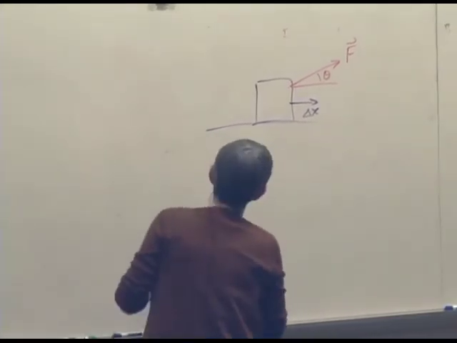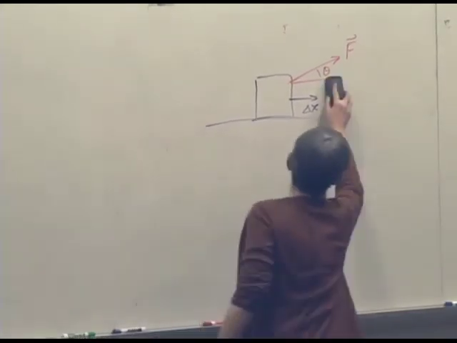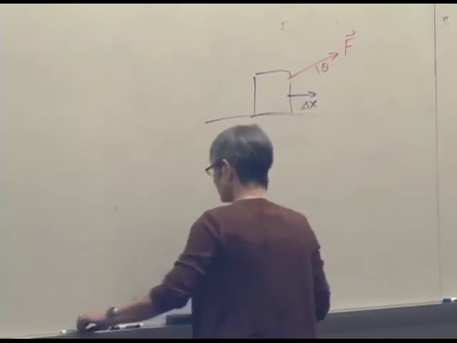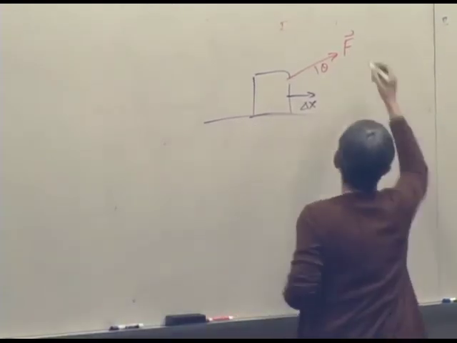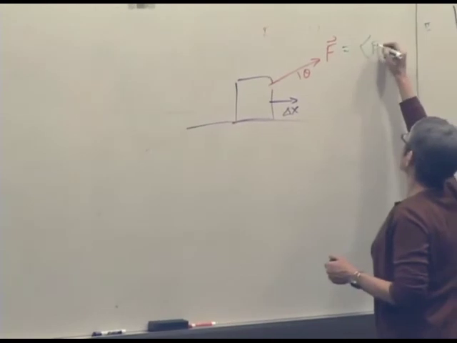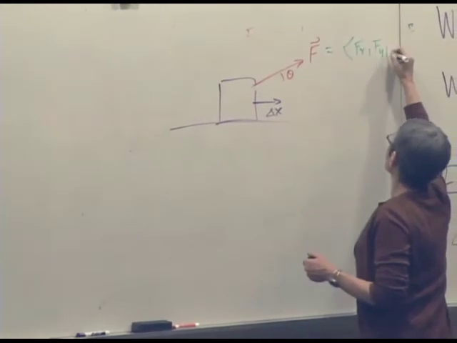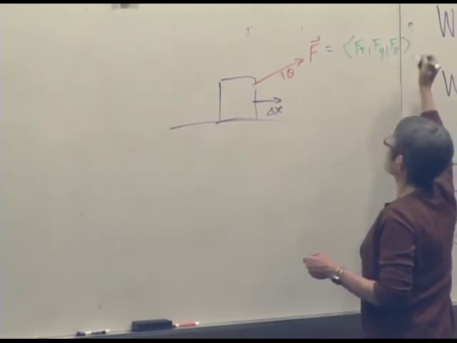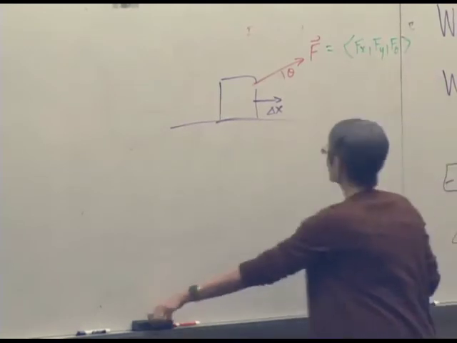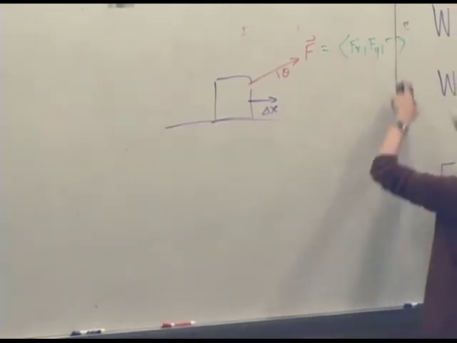Well, what we want to do is think of this force as having two parts, which of course it does. It's got Fx, Fy, Fz is 0 here, so we might as well write 0.